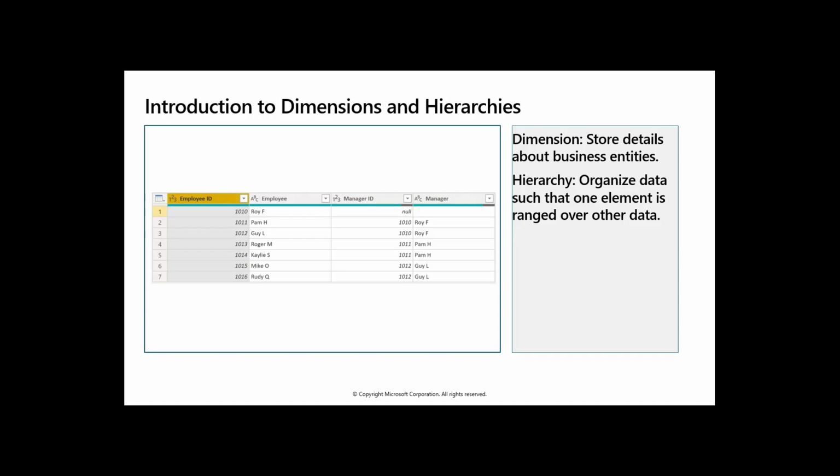Just like I told you, a dimension stores details about business entities. A hierarchy organizes data such that one element is ranked over another. Now, when you look at the table I have here, employee ID, employee name, manager ID, manager, they are descriptions.